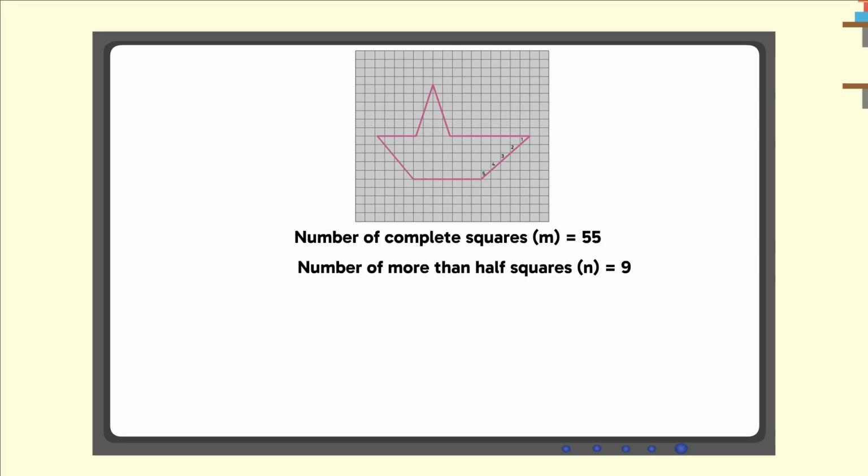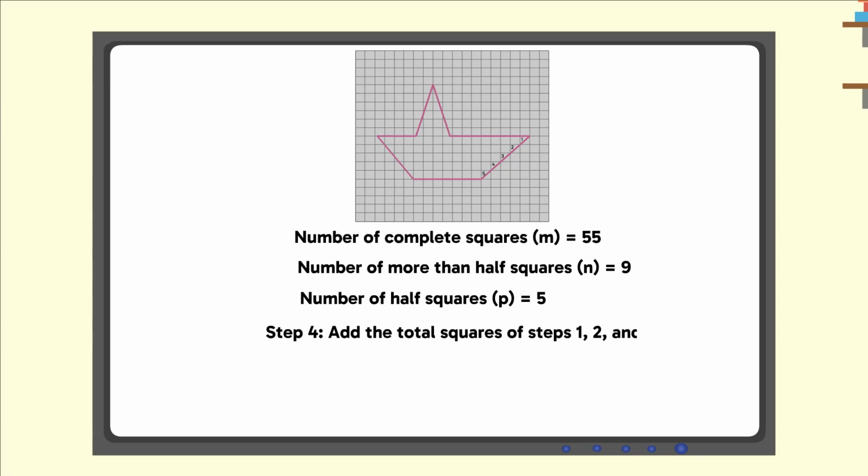Step 3. Count the number of those squares which are enclosed exactly half by the figure. Number of half squares is 5. Step 4. Add the total squares of steps 1, 2 and 3.